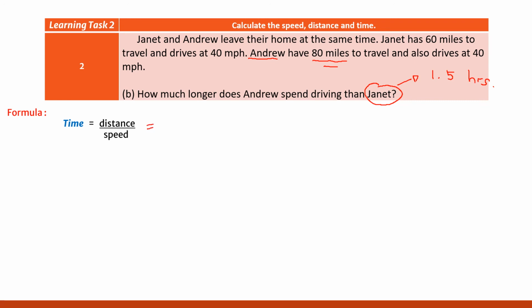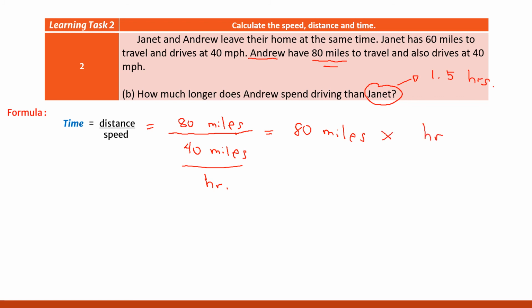So sabi natin, ang given distance for Andrew na kailangang i-travel ay 80 miles. And then, ang kanyang i-apply na speed ay same speed na 40 miles per hour. So from here, 80 miles times the reciprocal over 40 miles.